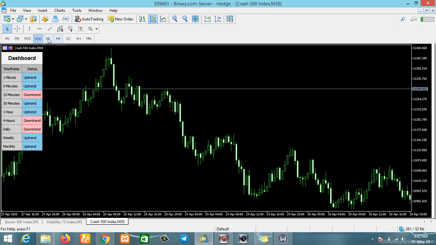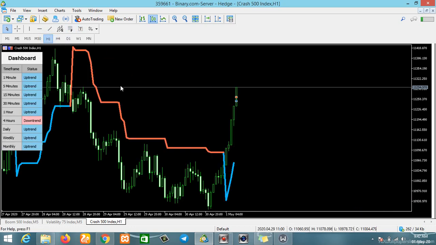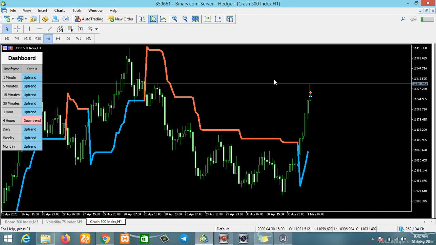You check your resistance level in the 1 hour time frame also. You can see in the 1 hour time frame, this is a kind of resistance level right here, but there's still time because each candle takes 1 hour to form. So you can still take a 15 to 20 minutes trade right here. If it breaks this resistance level right here, then it is going up.